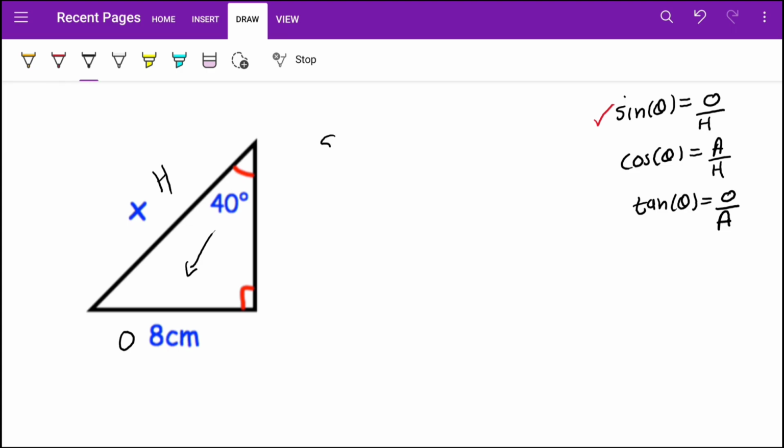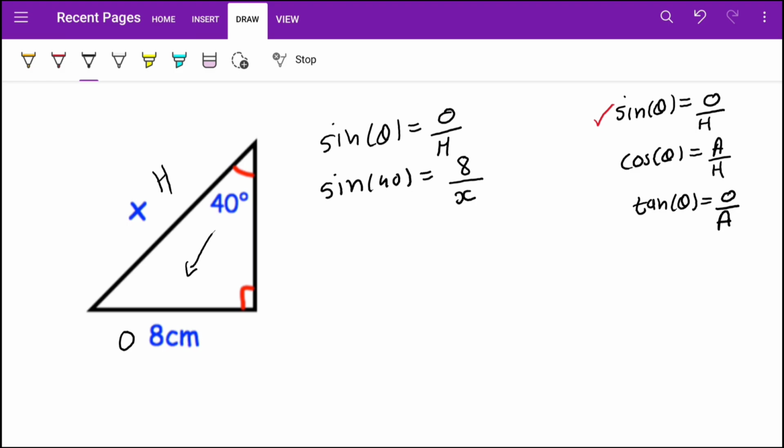So sine theta is equal to O over H, and theta represents the degree, which is going to be 40 in this case. So we get sine 40 is equal to 8 over X, where O is 8 and H is X.